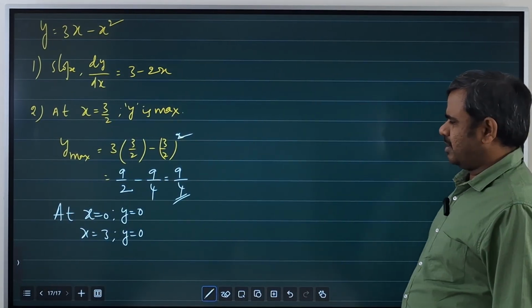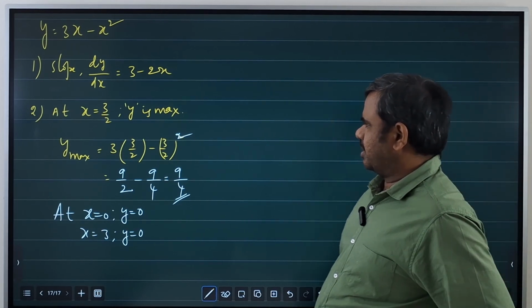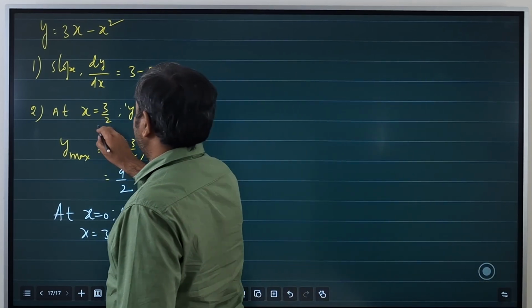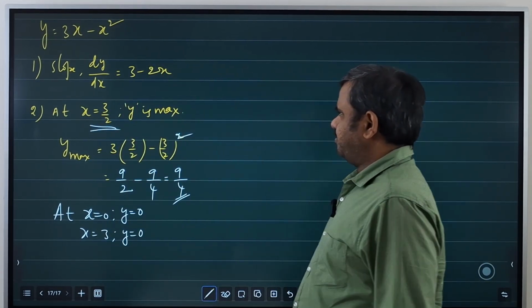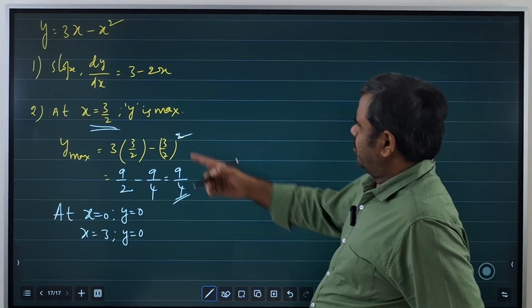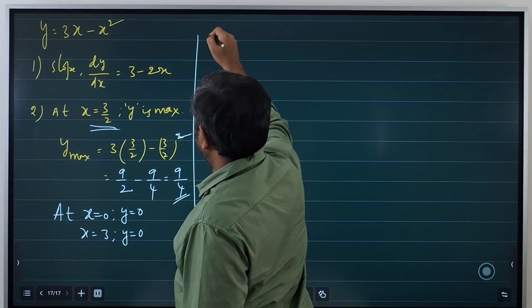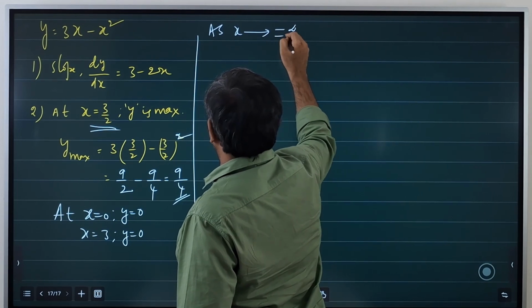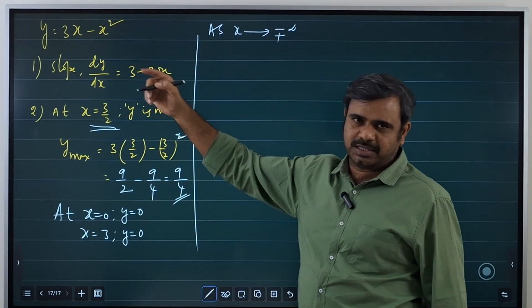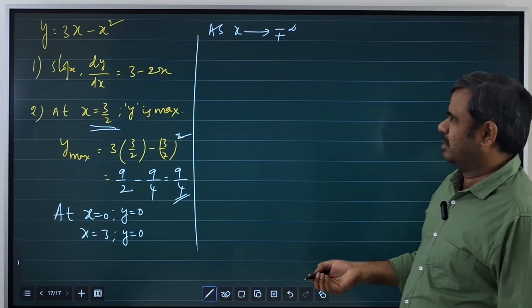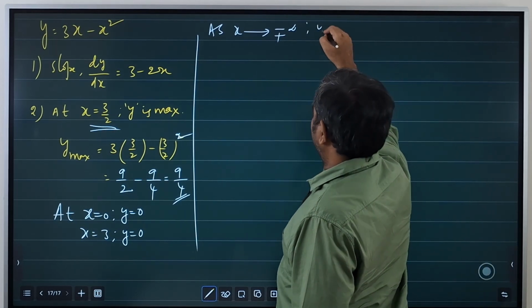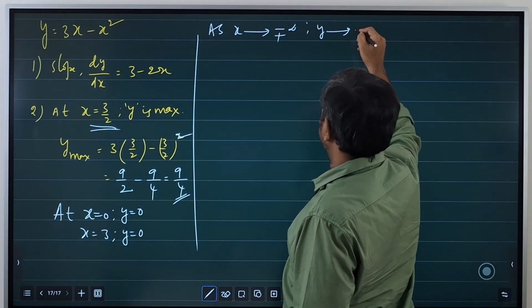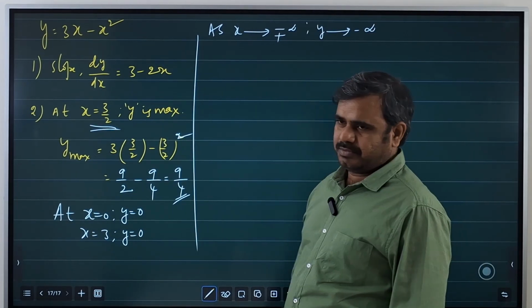One is at origin and the other is at x is equal to 3. At x is equal to 3 by 2, y is maximum. And you can see from the function, as x tends to minus infinity or plus infinity, in both cases x square dominates 3x. So in both cases, y tends to minus infinity.